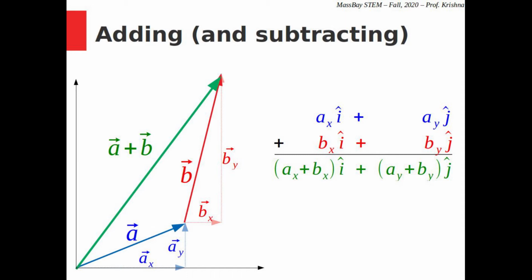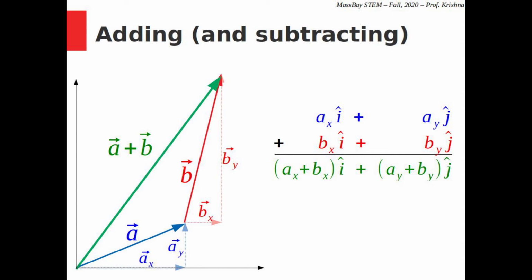In general, you can only add vectors in rectangular notation. If you're given two vectors in polar, you have to translate them into rectangular before you can add them. All you have to do is add the x components of the original vectors to find the x component of the resultant, and add the y components of the original vectors to find the y component of the resultant.